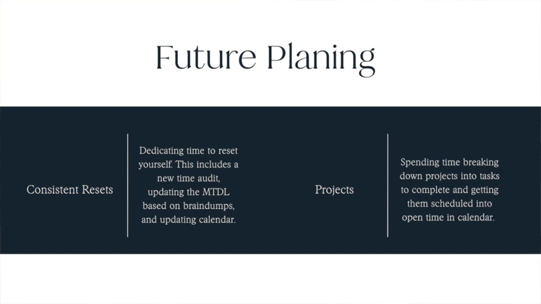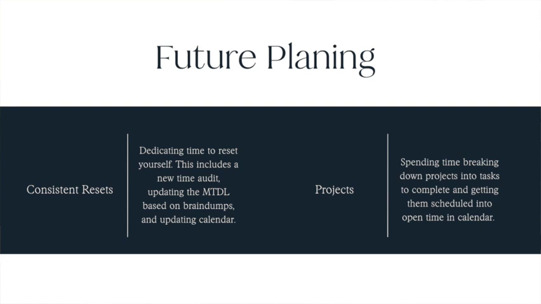I do consistent resets every Sunday for my week and the last Sunday of the month for the upcoming month. I also do an annual reset in November of every year for the upcoming year. These resets are going to be dedicated time to resetting yourself. It includes maybe doing a new time audit if you feel like you've lost a little bit of control or you want to see where you really are spending your time, updating your master to-do list based on brain dumps that you've done.